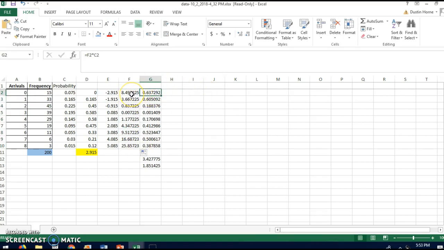Then once you get the difference squared, you're going to take that answer and go back and times that by the probability.